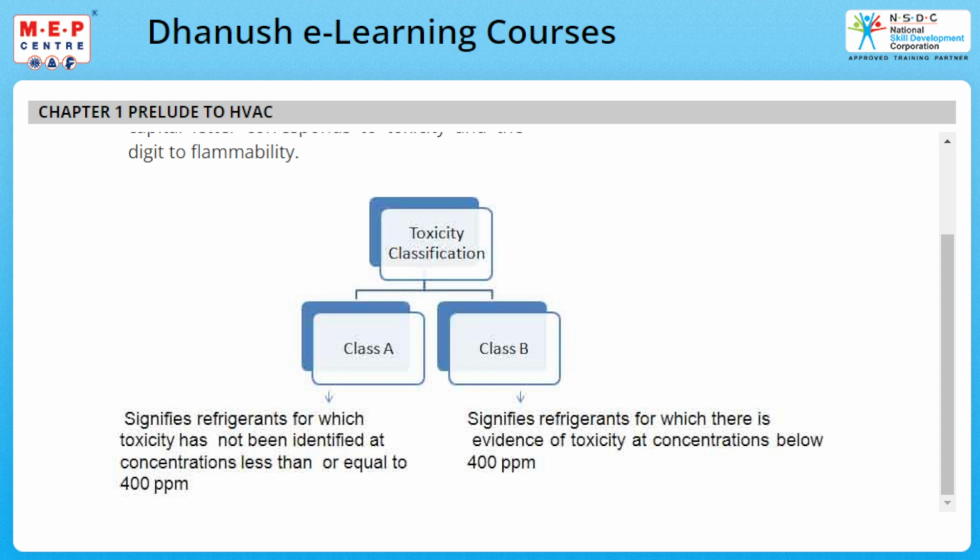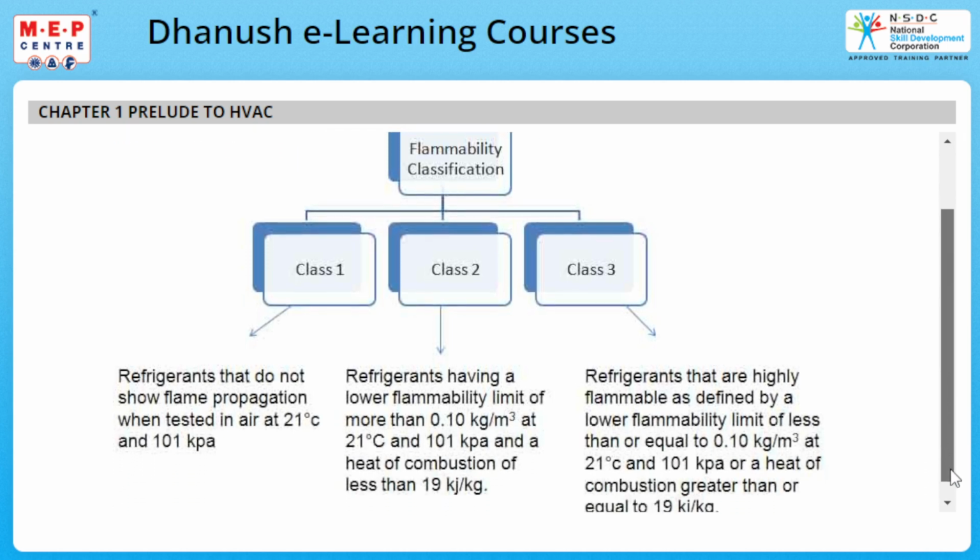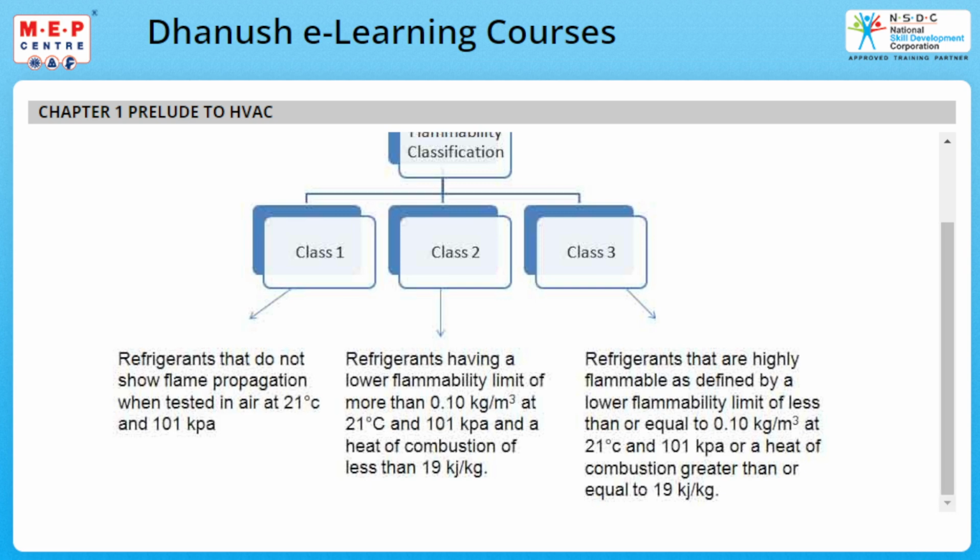Next, let us learn about classification according to flammability. Refrigerants are divided into three groups according to flammability. Class 1 indicates refrigerants that do not show flame propagation when tested in air at 21 degrees centigrade and 101 kilopascals.